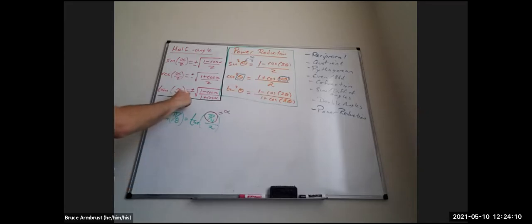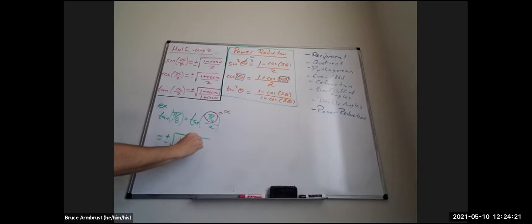All right, so let's go to this identity. So tangent, we're going to get plus or minus the square root of 1 minus cosine of pi over 4 divided by 1 plus the cosine of pi over 4.